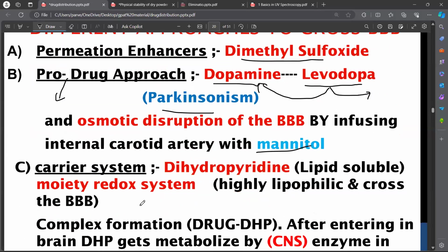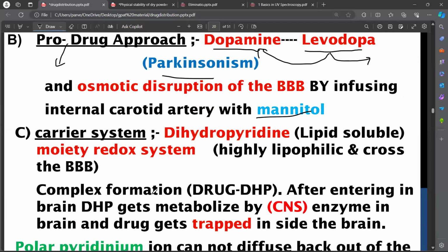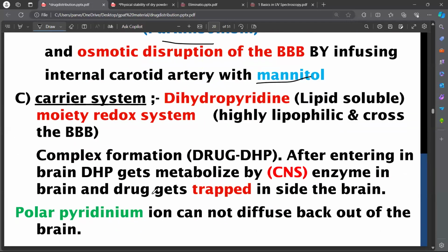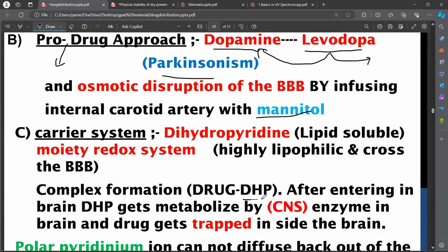So basically, the classical carrier system available in our blood-brain barrier is the dihydropyridine redox system. By forming a complex with the dihydropyridine, the drug becomes lipophilic. Let us consider this as a barrier.